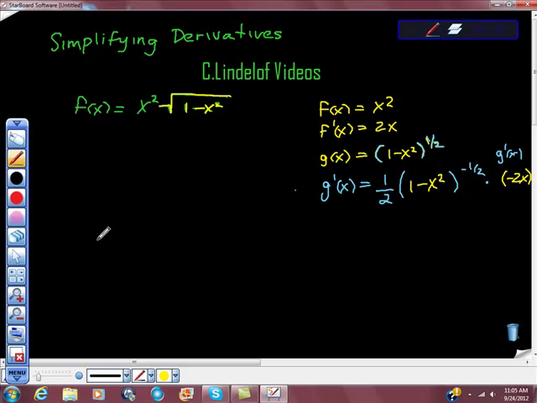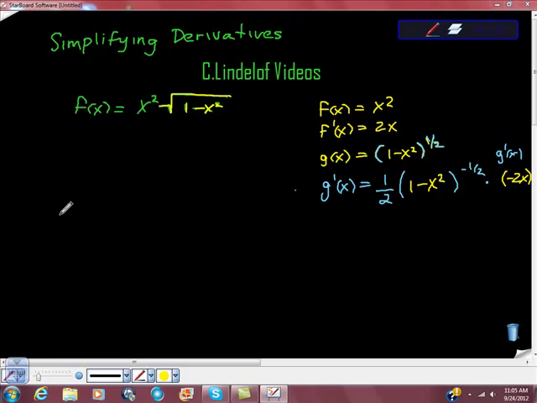So that's what I'm hoping you see. Now I'm going to go ahead and start putting together my product rule. And with the product rule, we have f of x times g prime at x, so we have x squared times g prime at x. And g prime at x is negative x, I'm just simplifying this part and this part, over 1 minus x squared to the 1/2 power, isn't it?